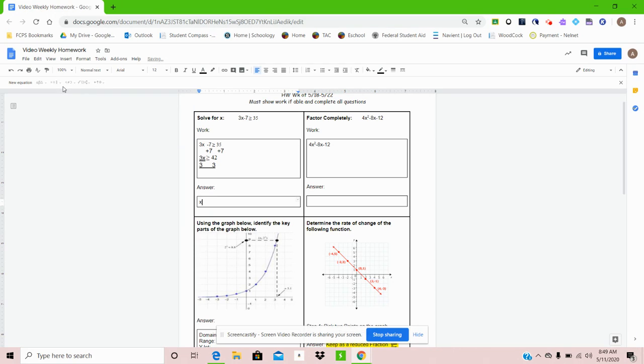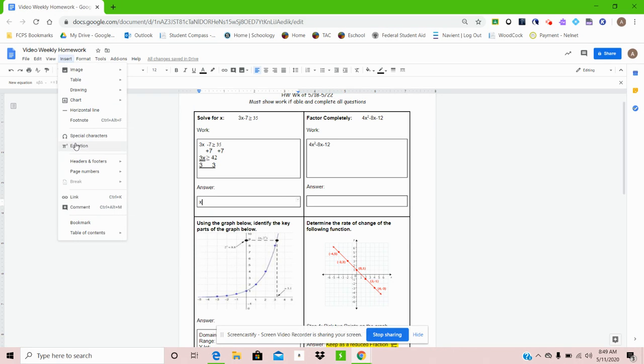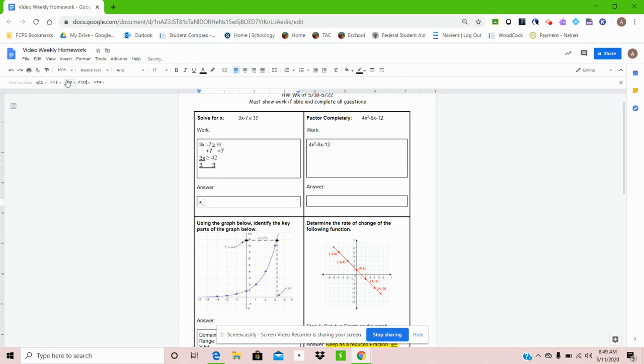This leaves me with x. And then 42 divided by 3 is 14. So the final answer would be x is greater than or equal to 14.